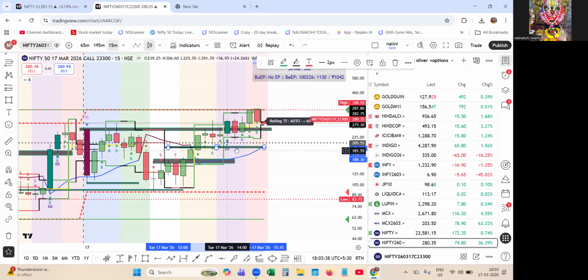See how beautifully, step by step, you can mark the levels of your stop loss and hold the position. You won't get disturbed by these alternate red and green candles. See, doji candle. You are not going to get disturbed by this. You know the levels, you are trading the levels.